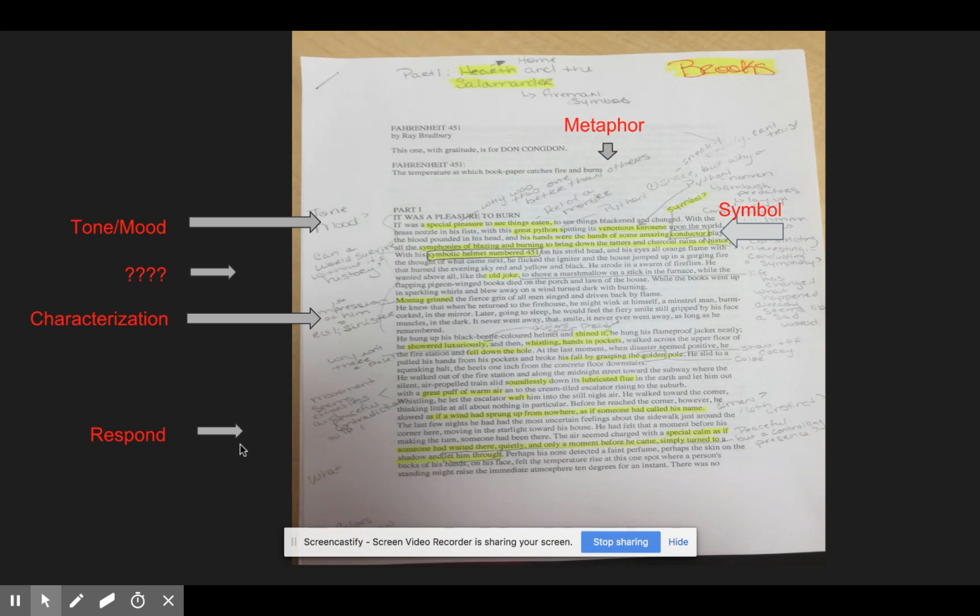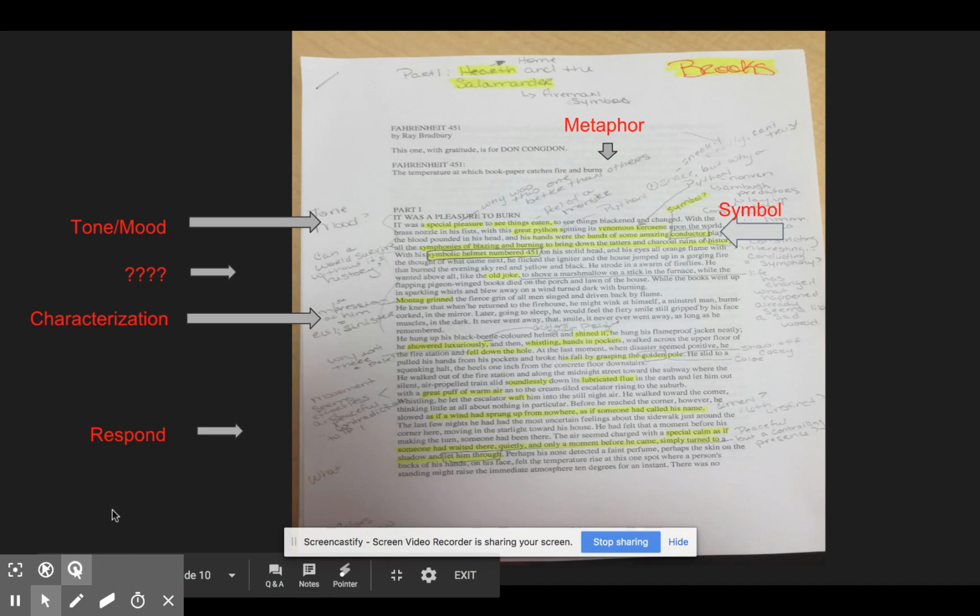And then sometimes it's really just important to respond. So, "the great puff of warm air ran to the cream-tiled escalator rising to the suburb." Here I put movement. It seems effortless and graceful, which seems like a contradiction to this part up here. So that was my response, my comment about this.